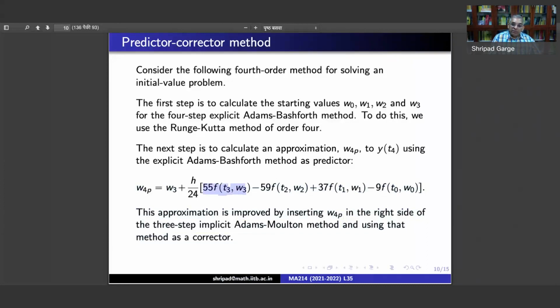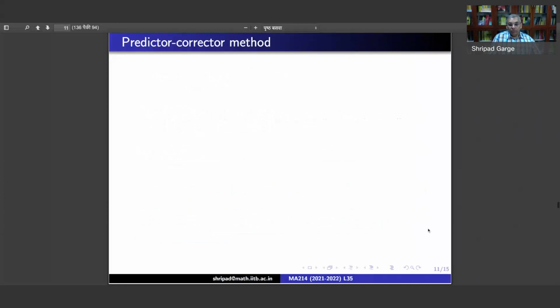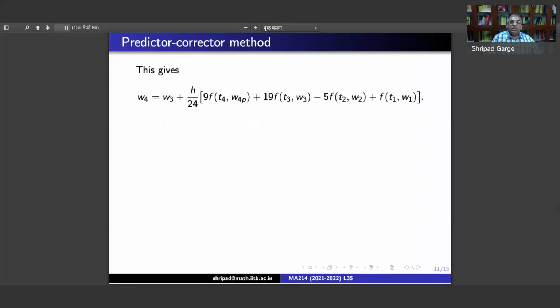So we put there t4, and instead of W4 we will put W4P. This is what we do. So you have W4 here, we put W3, W2, W1 as they are, but when we come to W4, we use the value which is predicted by the explicit Adams-Bashforth.